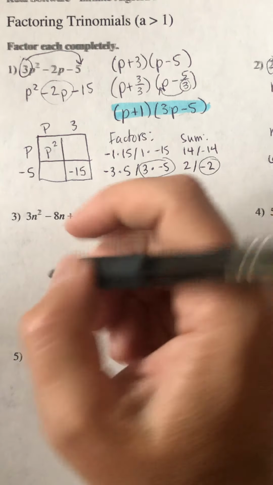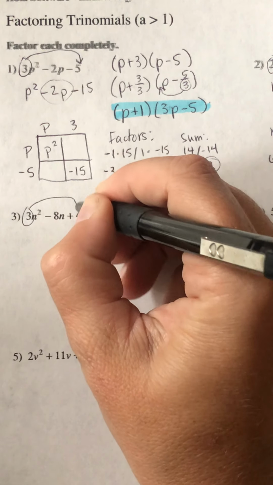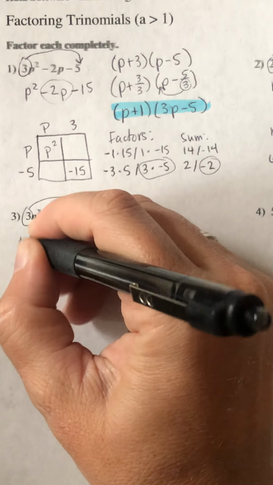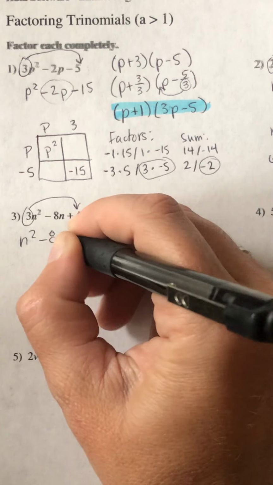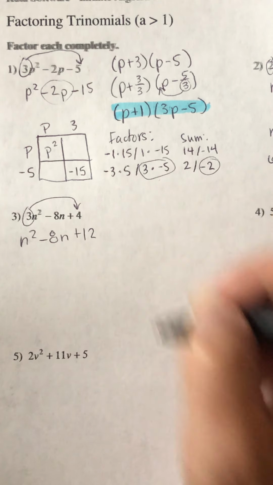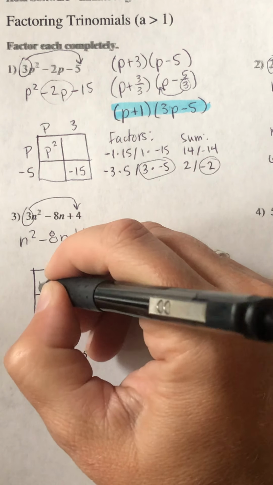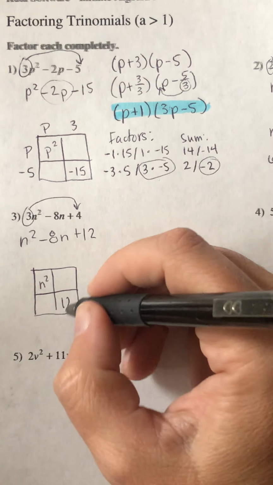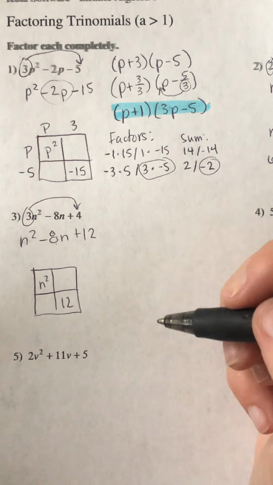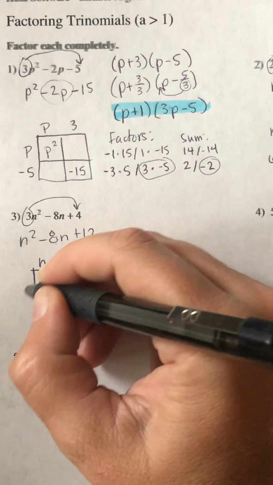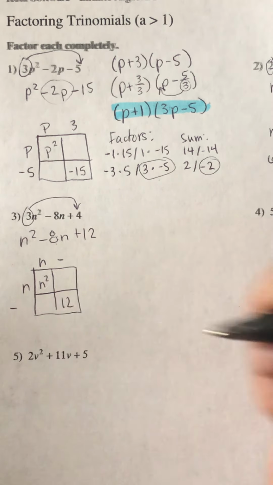All right, number 3. We're doing 3 times 4 and rewriting n squared minus 8n plus 12. We're looking for a positive 12, but a sum of negative 8, which tells us both of our numbers are going to need to be negative here.